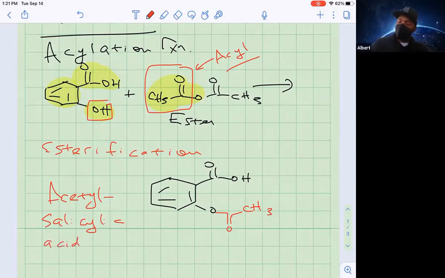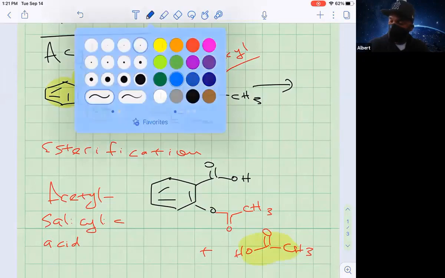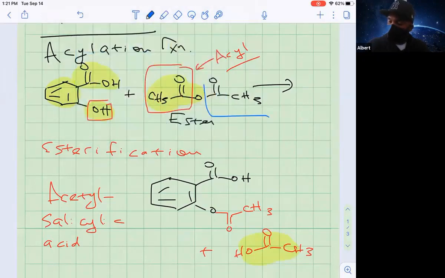And then one of the leftover products is acetic acid. So it's this, HO, CH3. So that's left over from here. It's this piece.